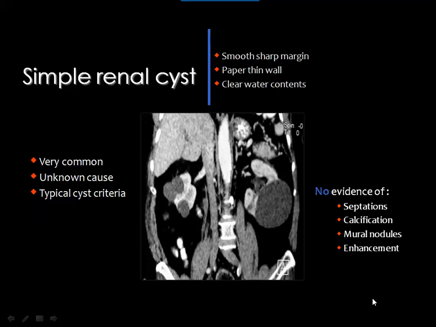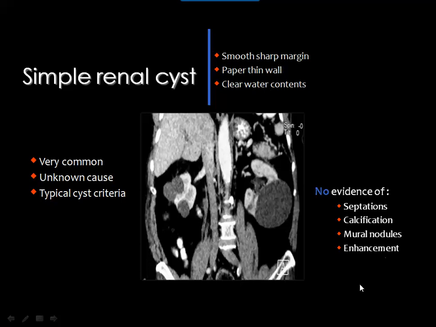Then the simple renal cyst is a very common entity, and the cause is unknown. And you remember the typical cystic criteria, which are 7: 3 positive and 4 negative. The 3 positive are the smooth, sharp margin, paper thin wall, and clear water content.